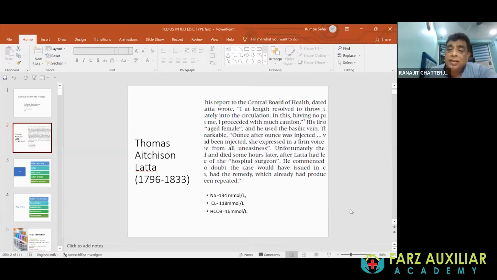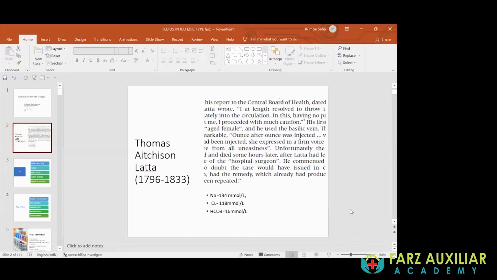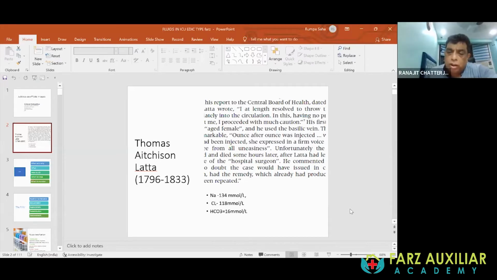There may be ionic or non-ionic fluids, like 5% dextrose, which is non-ionic. Similarly, colloids may be natural or synthetic. Natural colloids we all know, and with synthetic colloids there is a big controversy. We'll come to them later.